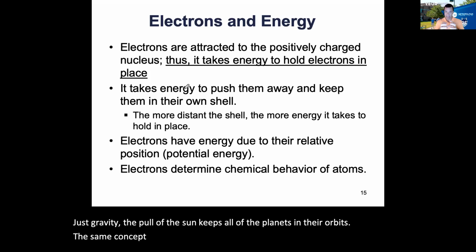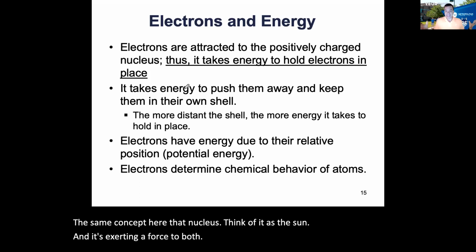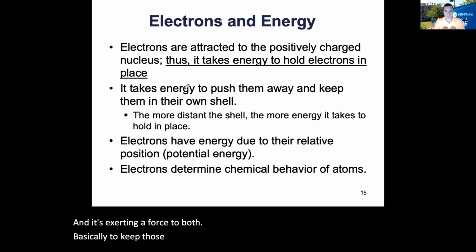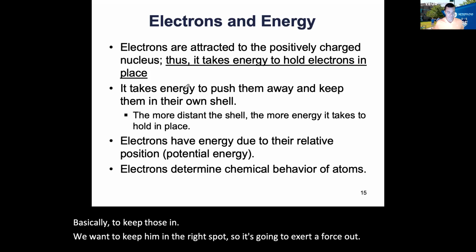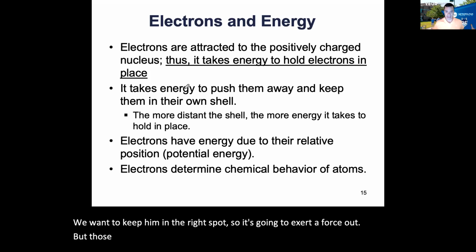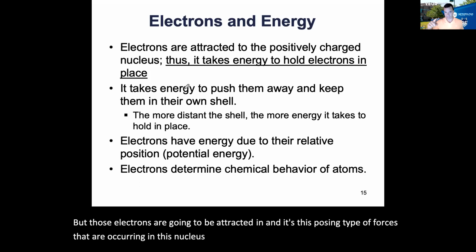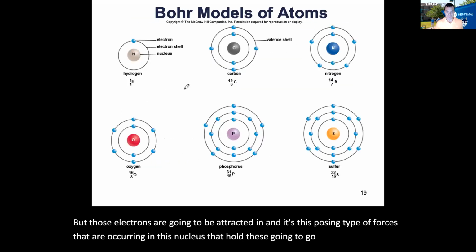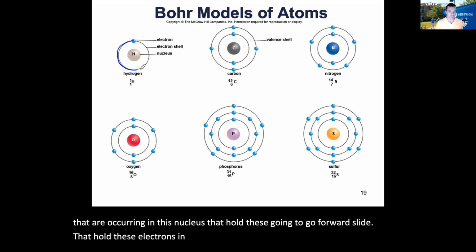That nucleus, think of it as the sun. And it's exerting a force to keep those in. Okay? We want to keep them in the right spot, so it's going to exert a force. But those electrons are going to be attracted in, and it's this opposing type of forces occurring in this nucleus that hold these electrons in this specific little orbit.